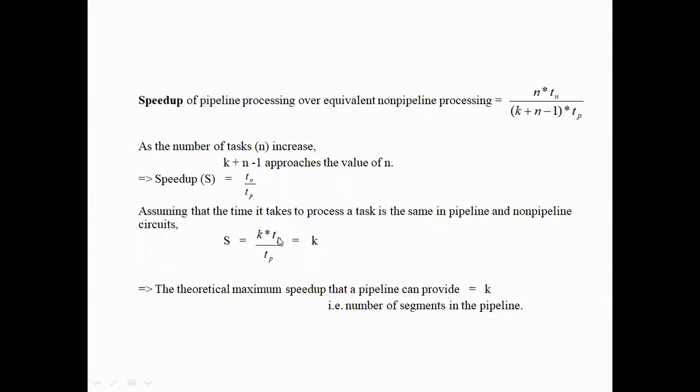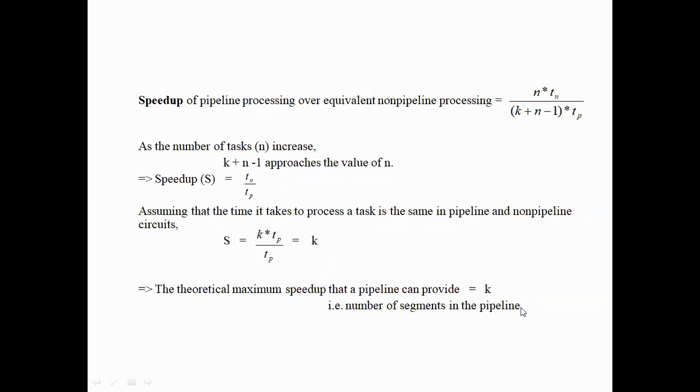So the answer will be K. What does this mean? Speed up is K. After making this assumption that n is large and this is the same, this has a meaning. It means that the theoretical maximum speed up that a pipeline can provide is K.